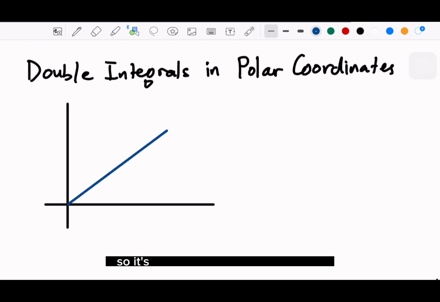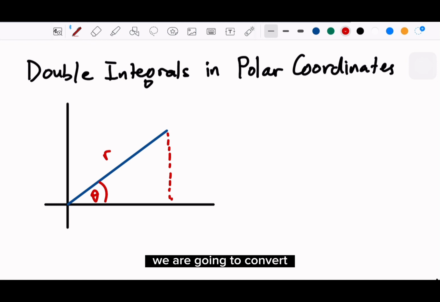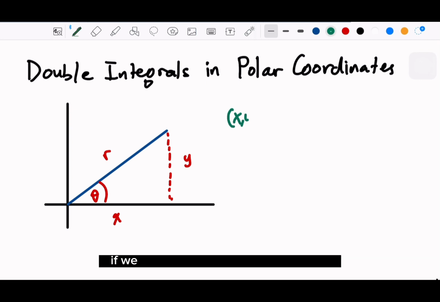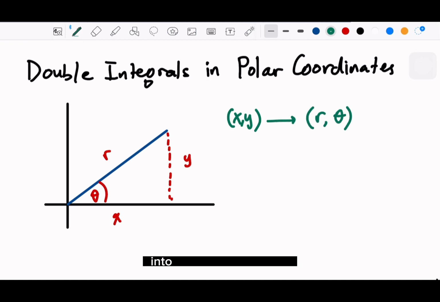Just a reminder that what polar means is that we are going to convert the Cartesian into polar, which means that if we have something in xy, in Cartesian, in polar we're going to change it into the radius and theta.